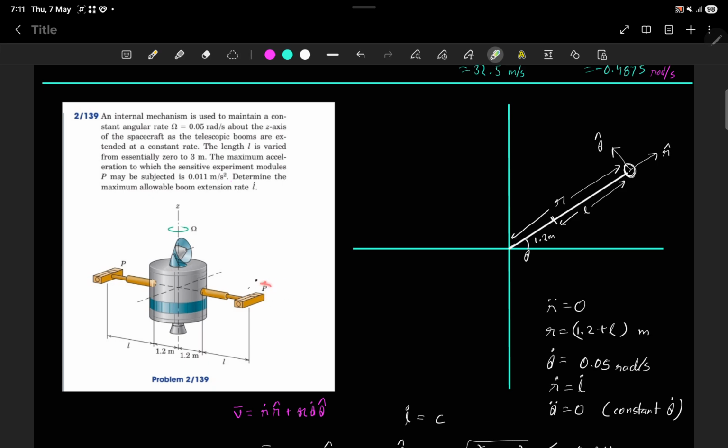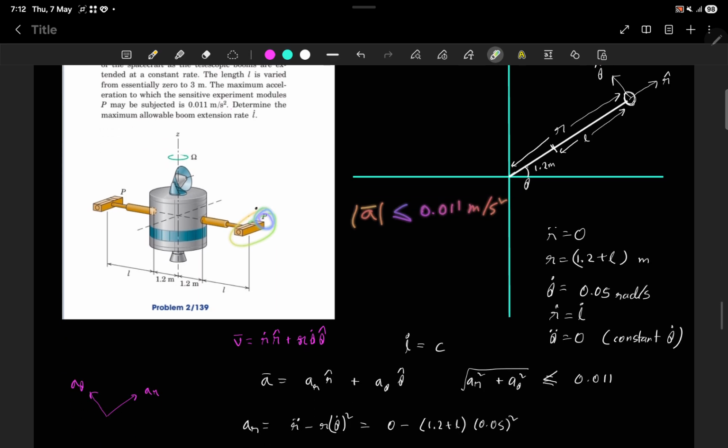I have been told that this P can be subjected to, if this is the A transverse and this is A radial, this one will be my A, and this value should not exceed 0.011 meter per second square. Okay, so this I have been given.